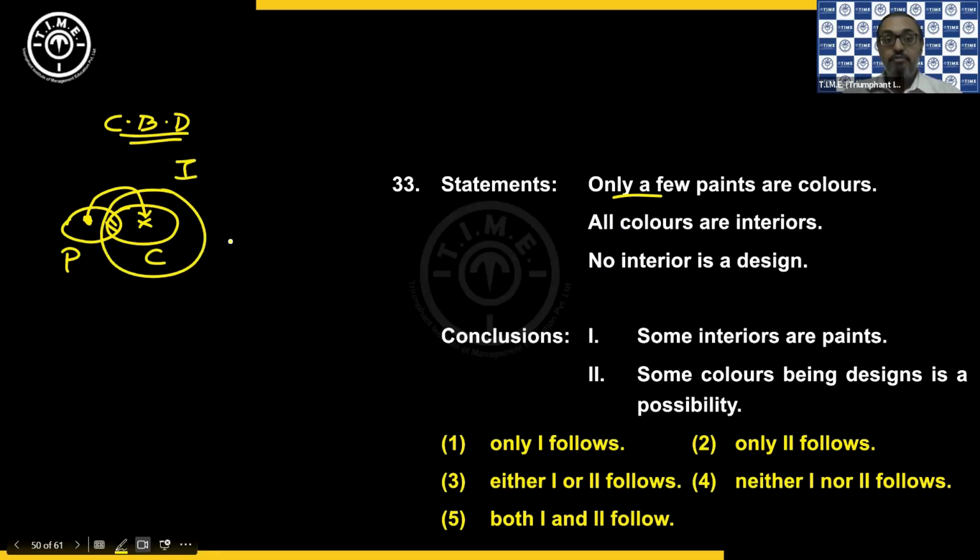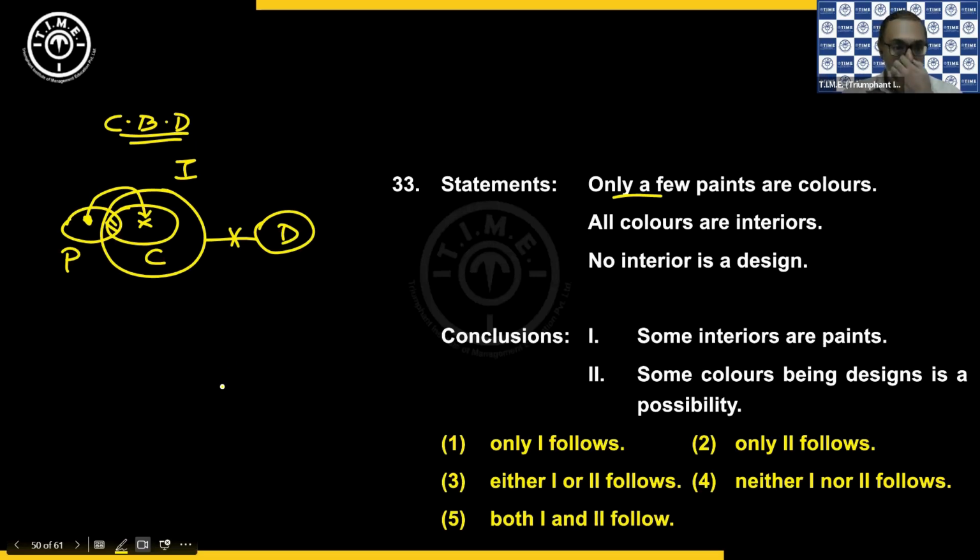And then we have no interior is a design. So when he says no interior is a design, we make an indication saying that the I circle and the D circle should never overlap with each other. So that indication helps us understand when you have separate circles like this.